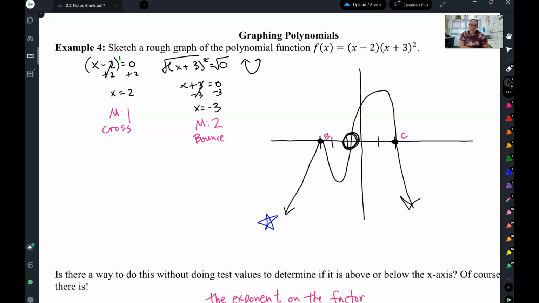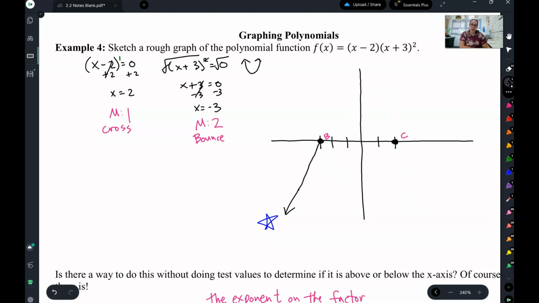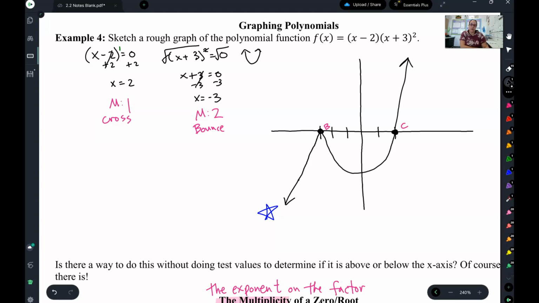This graph didn't have a third x-intercept. There's no x-intercept there. So that is why that does not work. We have to bounce off this one, circle around to the next one, cross through that one. So there we go.